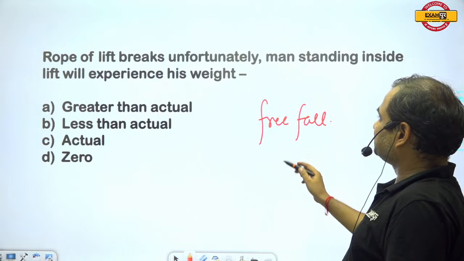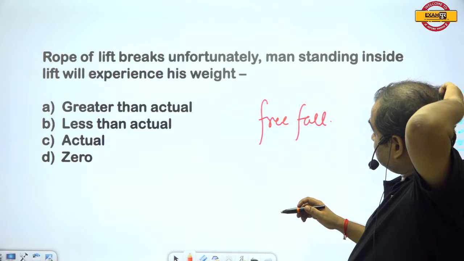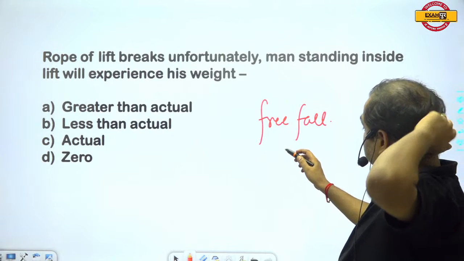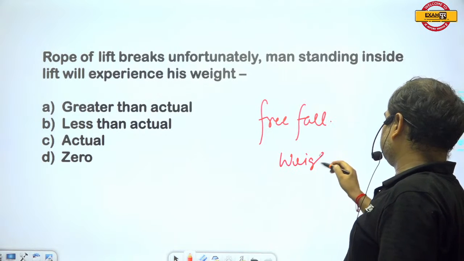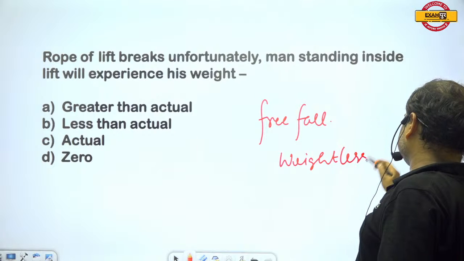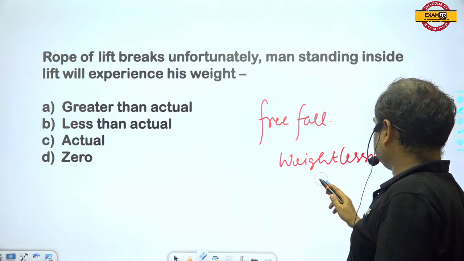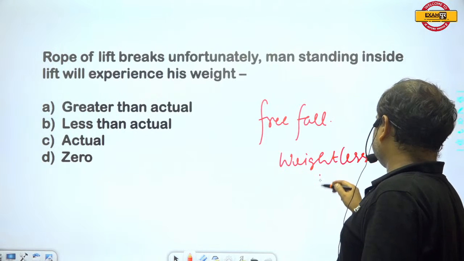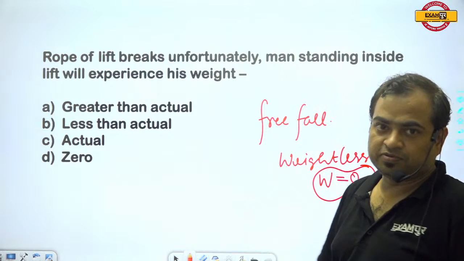It means weightlessness. We will write it as W is equal to 0.